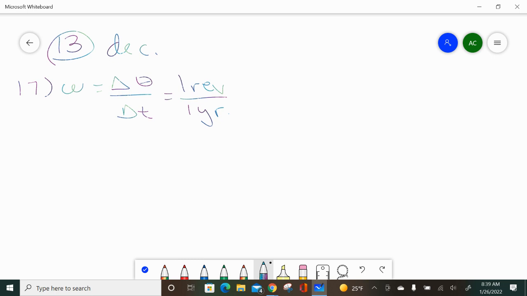I wouldn't round to 3.14, I would use the pi key. So it was 2 weeks? There's 52 weeks in a year.